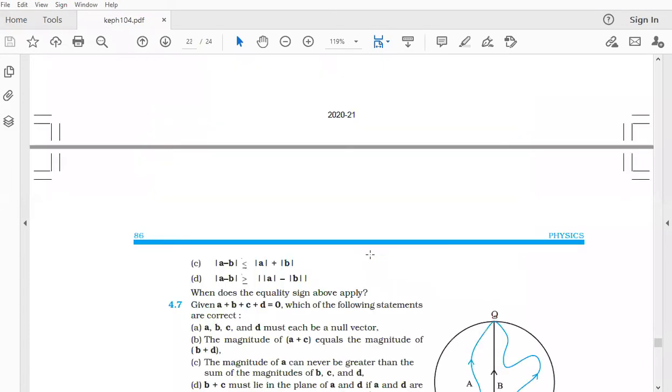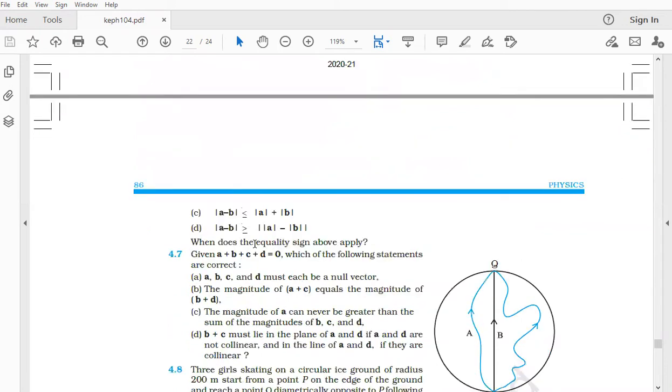So this is a vector-based problem. Maybe we'll come back to this when we discuss the equality sign.